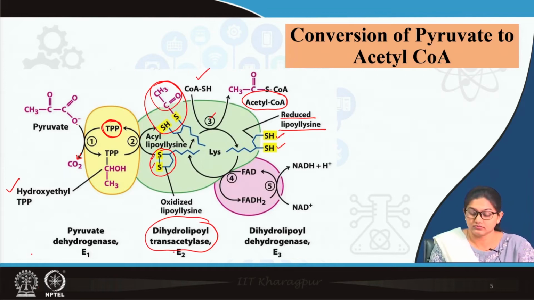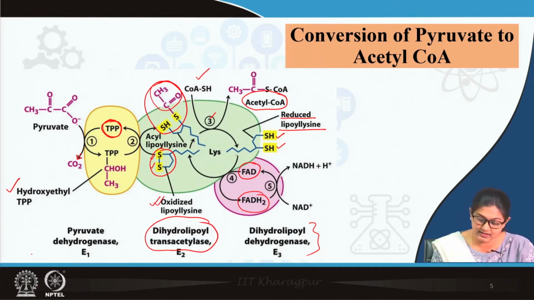Now, this reduced lipoyl lysine gives off these hydrogen atoms to FAD present in the third enzyme, that is dihydrolipoyl dehydrogenase. FAD is reduced to form FADH2, and in the core enzyme once again the oxidized lipoyl lysine is formed.